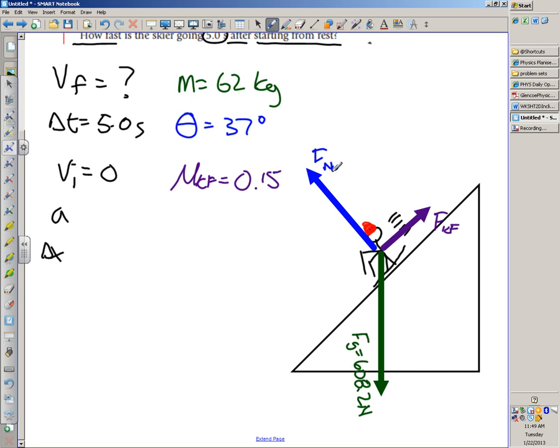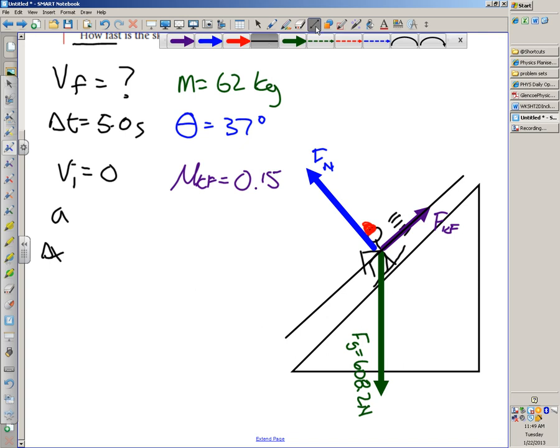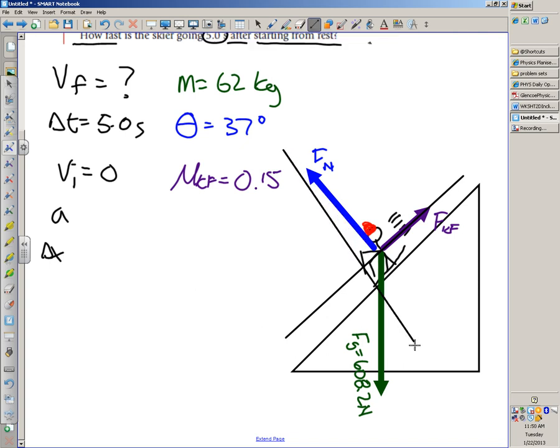So, we said the key to doing this problem is to rotate the x and y axis. So, there's my x-axis, I'm just going to move that up a little bit. There's my y-axis. Much like we just did in the last problem, gravity is not on the x-axis or the y-axis, so it has components. One component points this way, perpendicular to the incline.